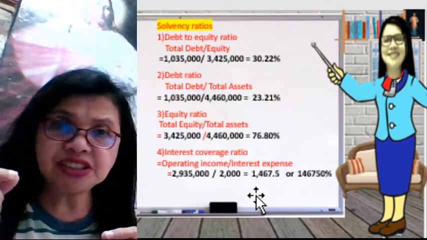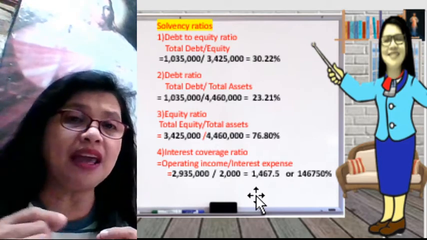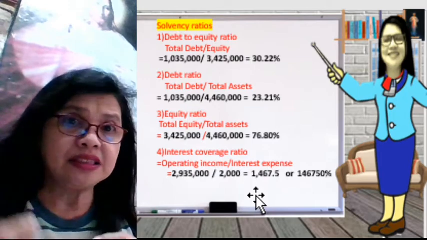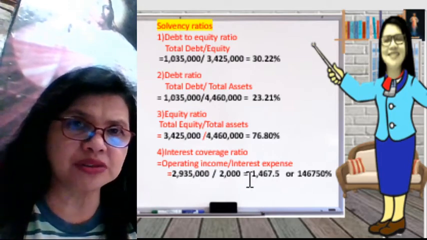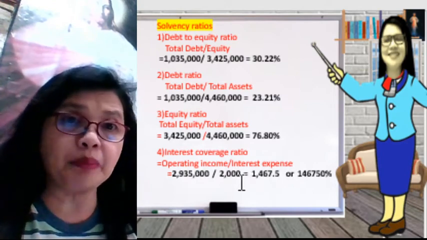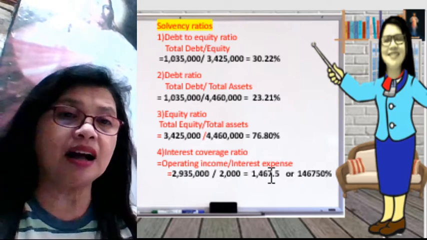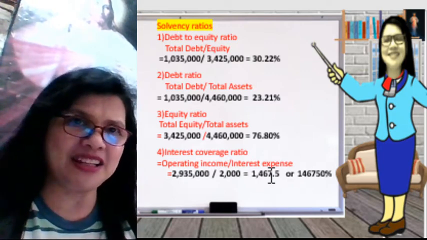So this shows us that the company is very much able to pay its yearly interest expense. It has only an interest expense of 2,000 as compared to its operating income. So they have sufficient operating income to cover the interest expense of the company.